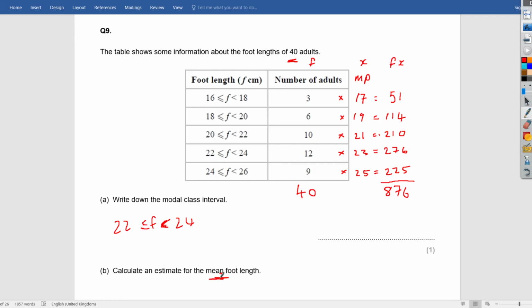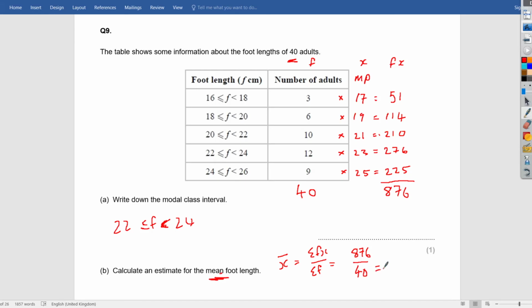So when we're working out the mean, don't forget the mean is the sum of f times x divided by the sum of frequency. In this case, the sum of fx is 876 shared by the sum of frequency, which is 40.